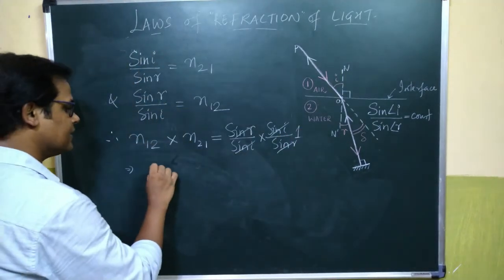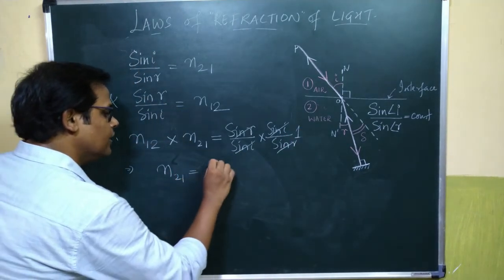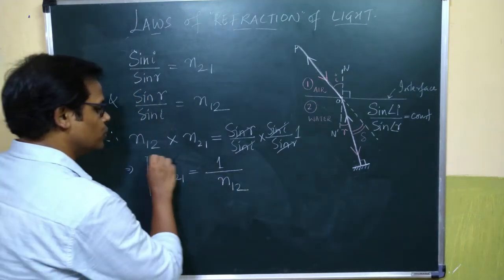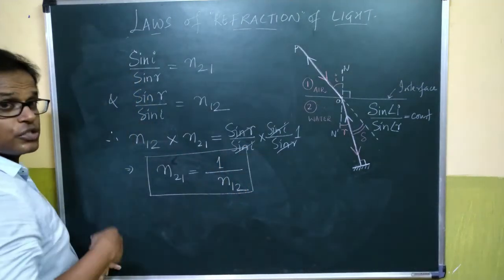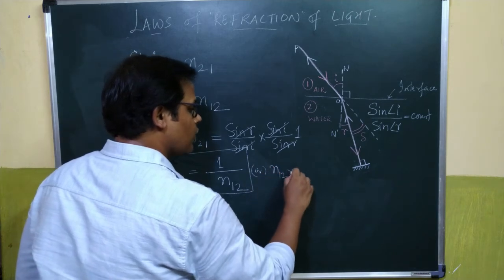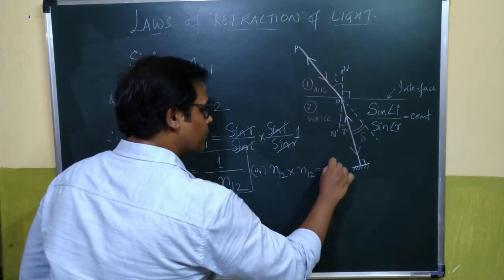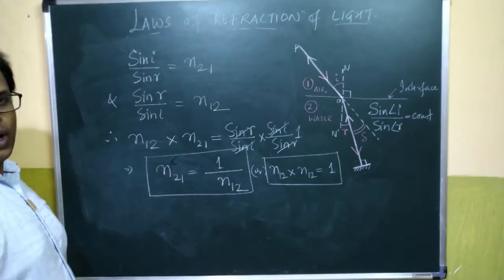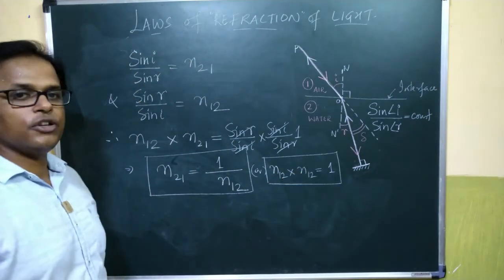So it says that n21 is always the reciprocal of n12. Or you can also see it the other way: the product of the refractive indices of both the pair of media should always be equal to 1. Okay, that's extremely important.